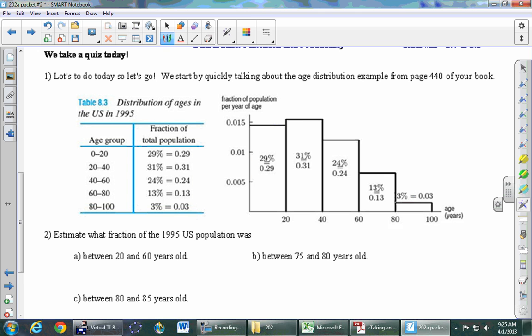I just want to be clear about what these numbers are, because 0.01 and 0.015 is not anywhere in this list. The axis over here represents the fraction of population per year of age. Let's assume for the time being that these 0 to 20-year-olds, that 29% is evenly distributed between the zeros and the 20s.